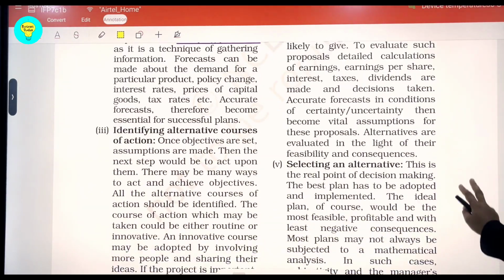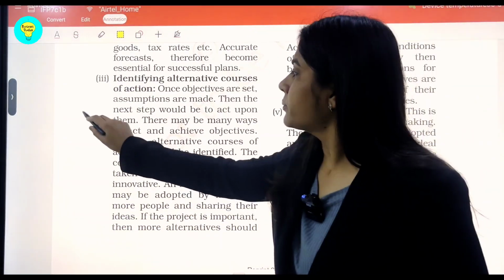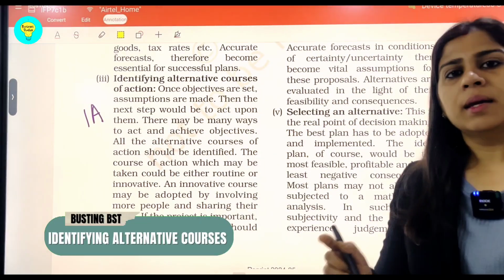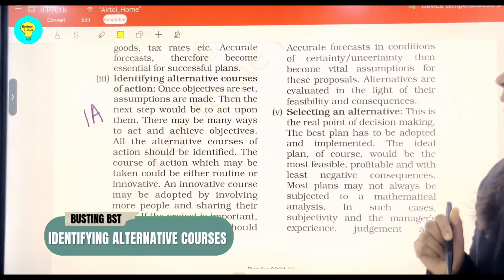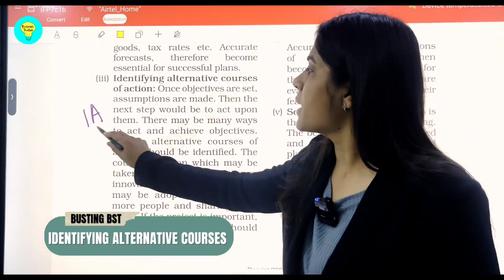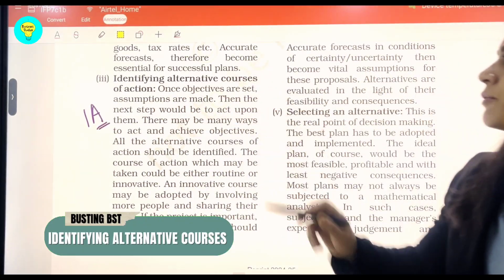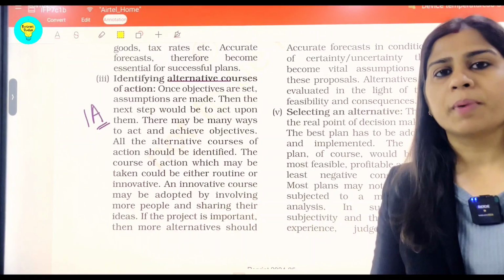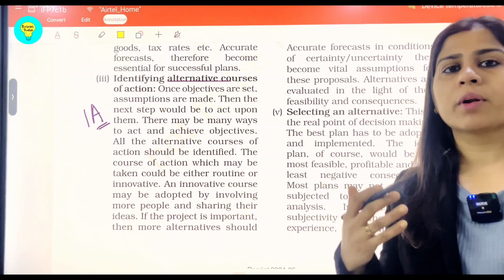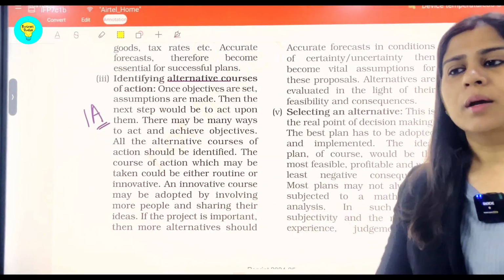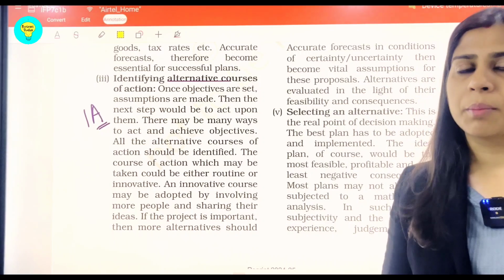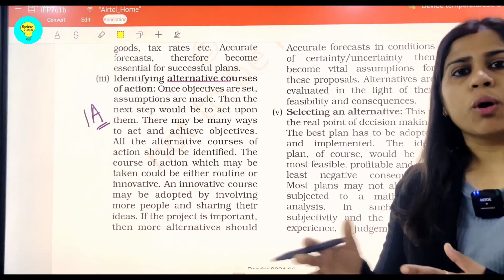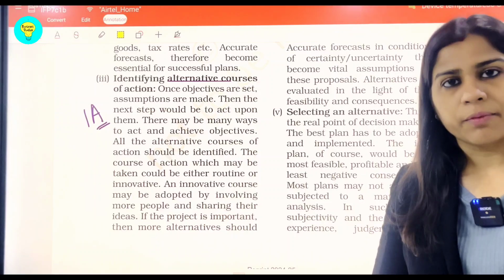Now the third one being IA, we talk about the three in sequence: IA, EA and SA. So here everywhere students, A stands for alternatives. First of all, in the planning process, whenever you are given something to plan, it may be for an upcoming holiday and it may be for your studies, for your upcoming board exams. So you always look for the options, the viable options that are available.